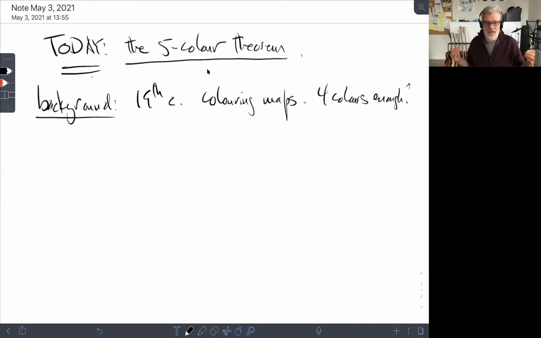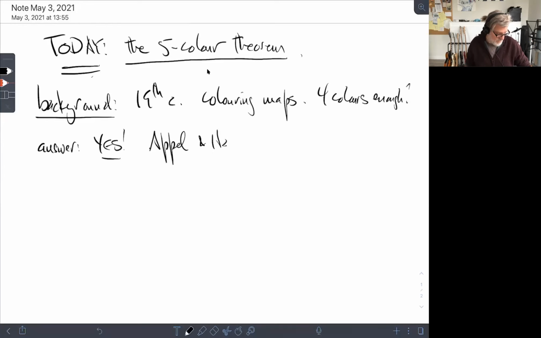the answer actually took more than 100 years to figure out. So the answer was yes. It was proved by Appel and Haken in 1976. And so this was first proved by Appel and Haken in 1976.